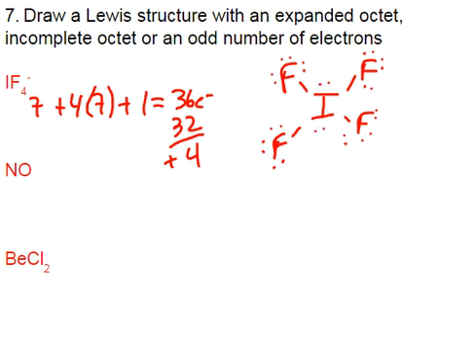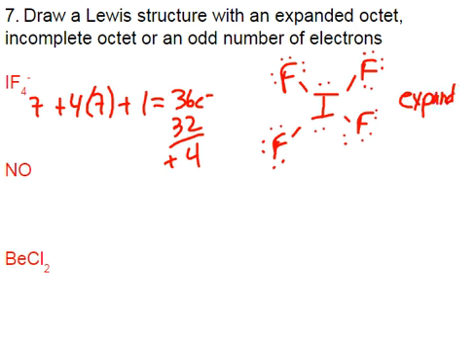You have to expand its octet. This will only happen with something in period 3 or bigger. I can't expand the octet for fluorine because fluorine's too small. It's only a period 2 element. But iodine has a d orbital. You could throw those extra electrons into iodine's d orbital. Okay, so that's an expanded octet.